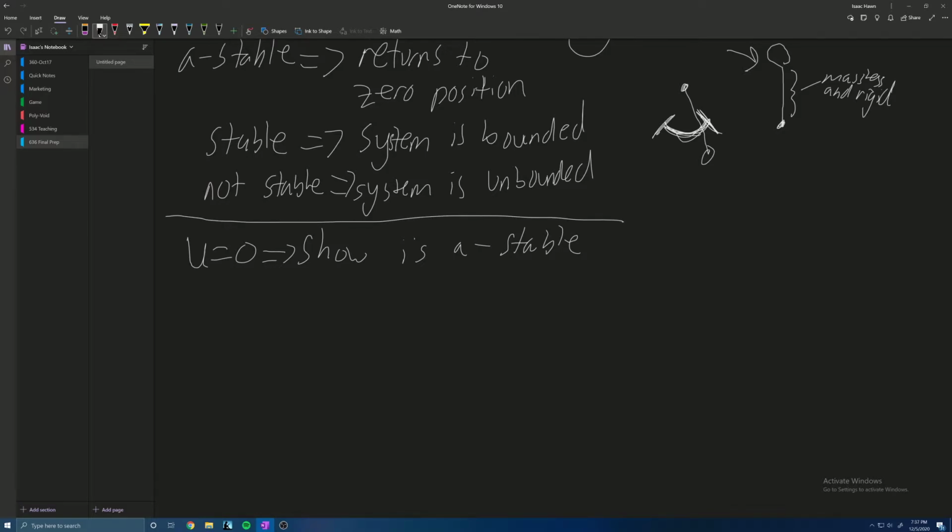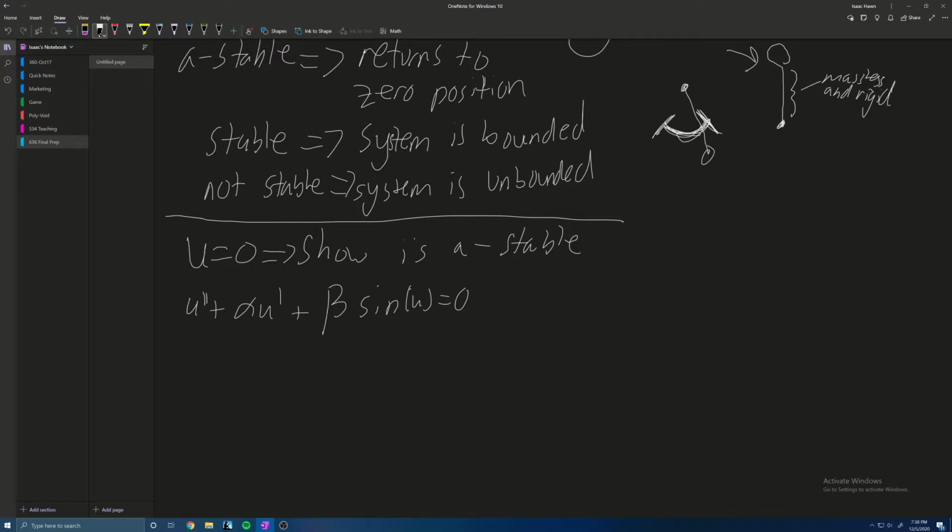So just to reiterate, this is our equation of motion for the pendulum: u double prime plus alpha u prime plus beta sine u equals 0. There are a couple of theorems that I'm going to be using here to show this, but first we need to create a system of first order differential equations.